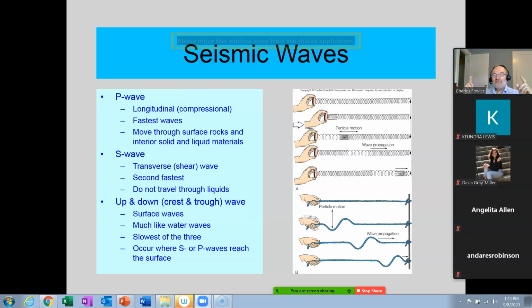Because remember, we're talking about seismic waves, waves that are produced when there's an earthquake, okay? And when there's an earthquake, it always occurs inside the earth. Earthquakes don't typically occur on the surface. You feel them on the surface. They occur way down deep. And we'll talk about how far down deep later, okay?